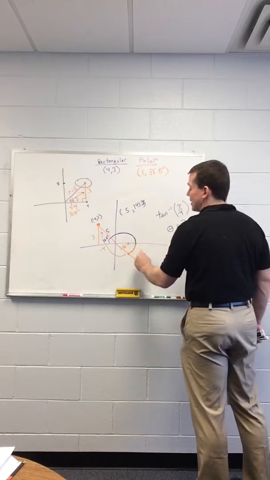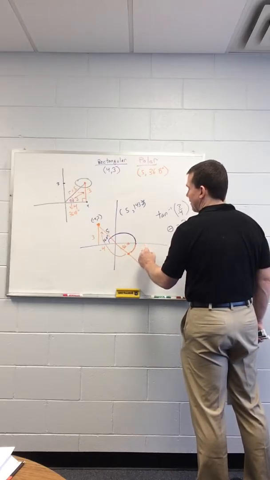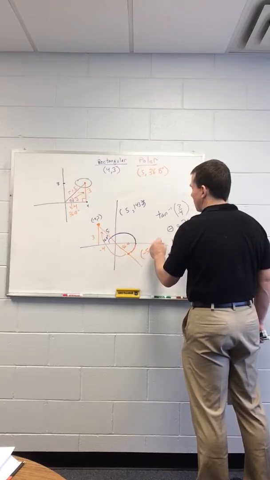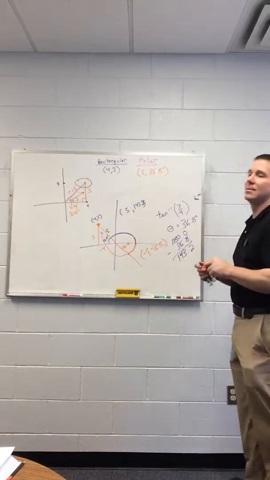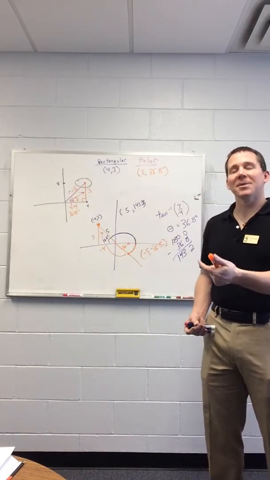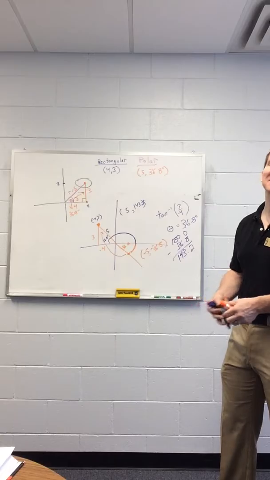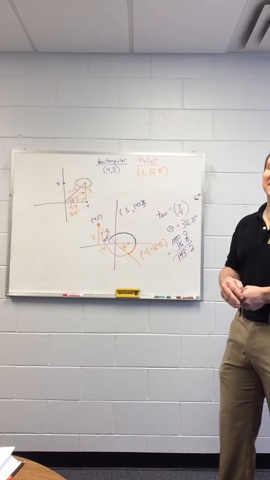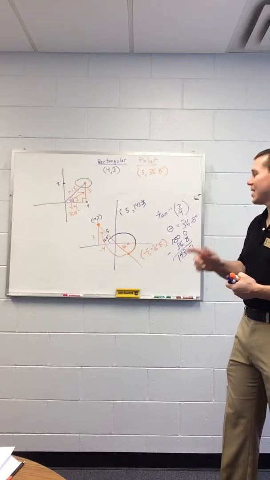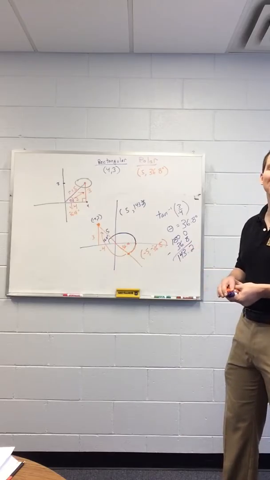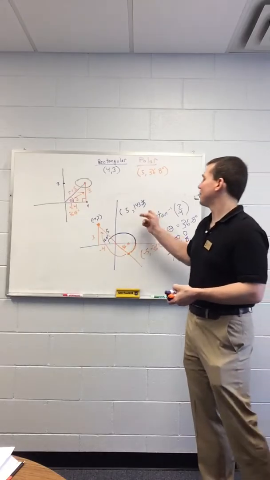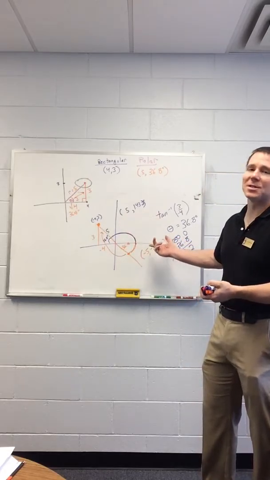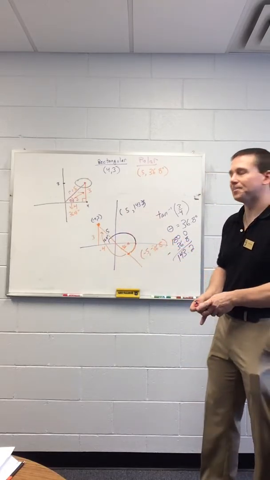So you can just as easily write this as (-5, -36.8 degrees). Ultimately, there's an infinite number of ways to actually write that out, so it is somewhat open-ended. Generally speaking, we try to write them with as many positives as possible and get rid of the negatives. So you would prefer this one, but this works just as well. It's the exact same thing.